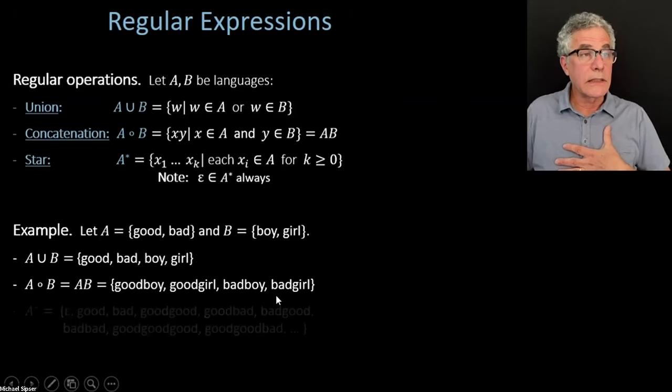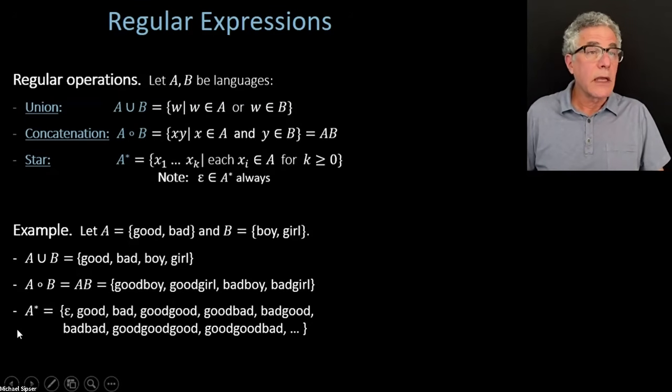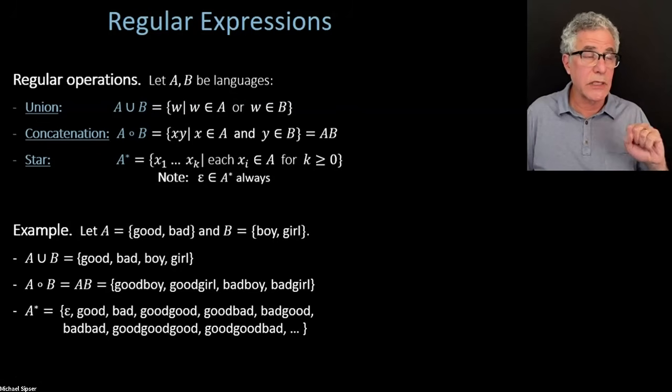Now, looking at the star, that applies to just one language. Let's say it's the good, bad language from A. The A star that you get from that is all possible ways of sticking together the strings from A. So for using no strings, you always get the empty string, that's always guaranteed to be a member of A star. Then just taking one element of A, you get good, or another element, bad. But now 2 elements of A, you get good good, or good bad, and so on.